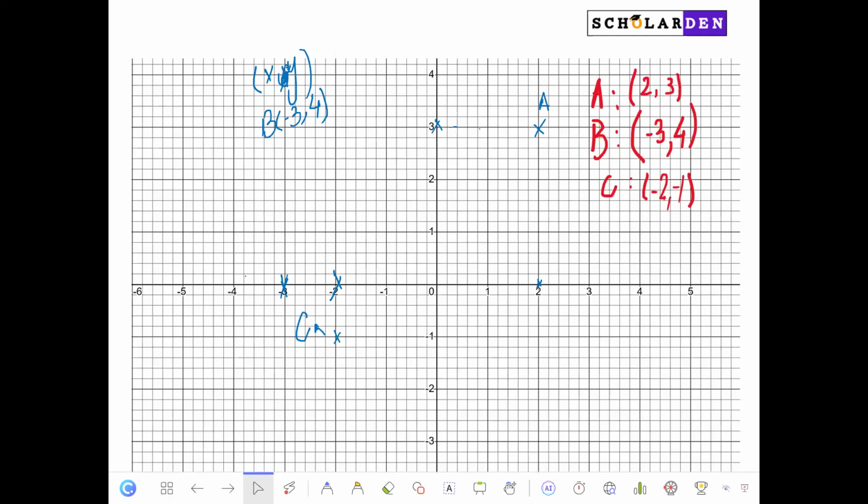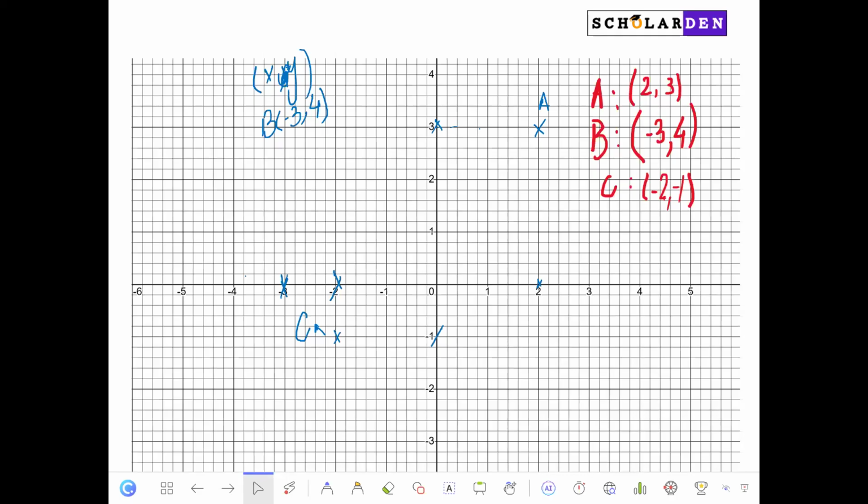We could do it in reverse order as well. We could first find out where y is equal to minus 1 and then move to find the exact coordinate along the x-axis. In both cases, you're going to end up at the same point. So, for example, let's say we try to plot C in this manner. C is minus 2, minus 1. First of all, we identify the y coordinate, which is minus 1 over here.